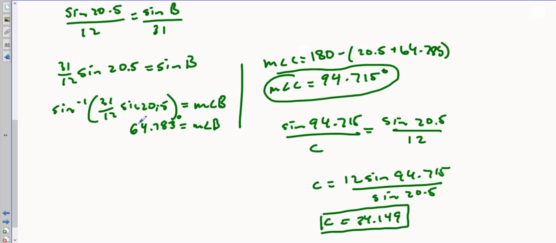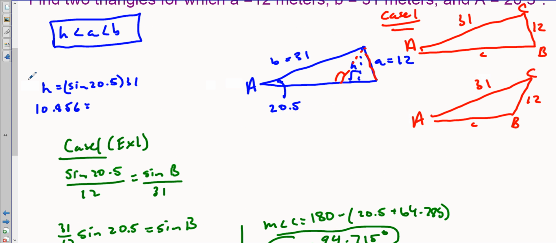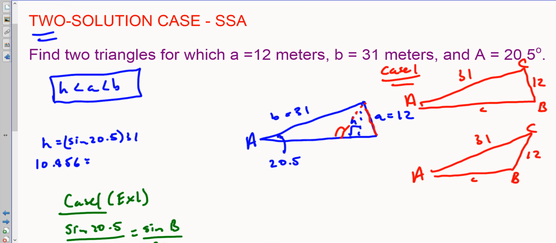Now, how can you solve for case two? What you have in case two, I'll make this in blue, is a different angle B. B is actually obtuse. And so what we know is that this angle is going to be the supplement of the angle we found here.